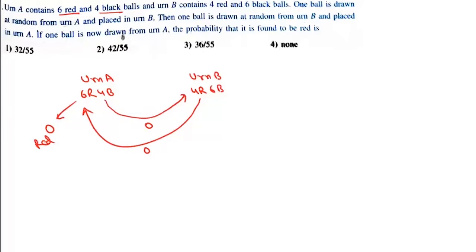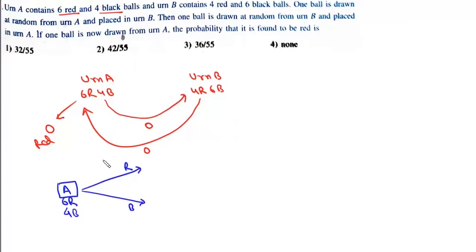Now we'll start with this urn A, and in urn A we have 6 red and 4 black balls. Now one ball is transferred to urn B. Now this one transferred ball could be either red or black.